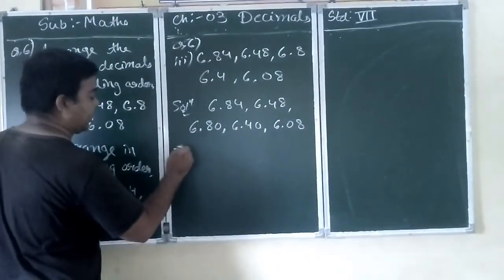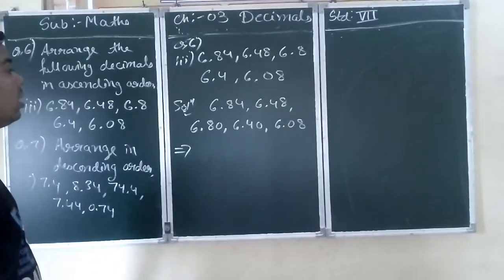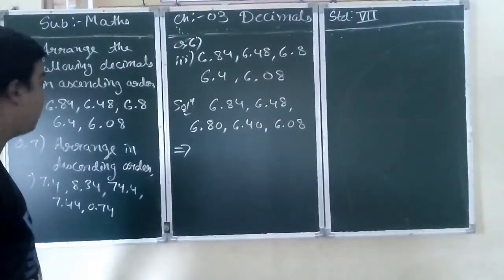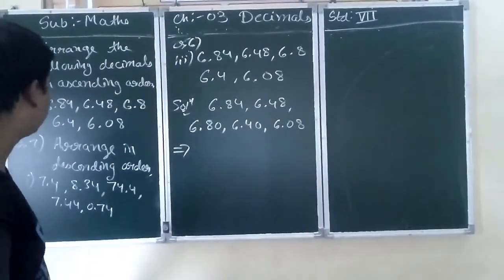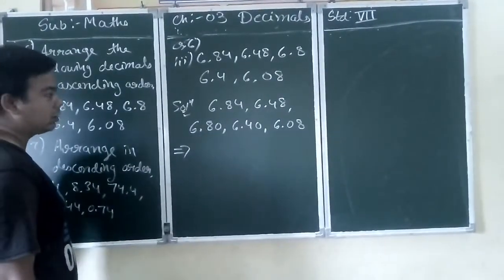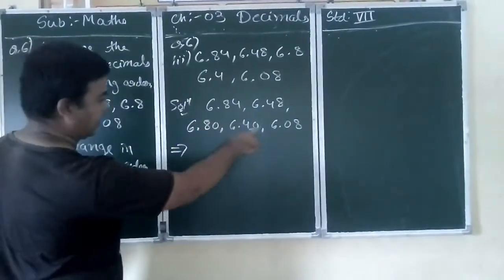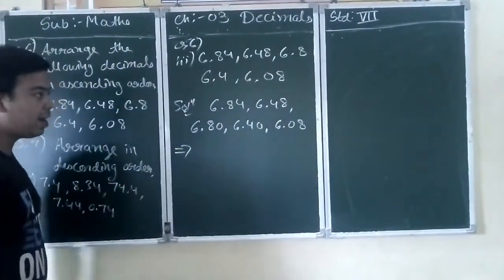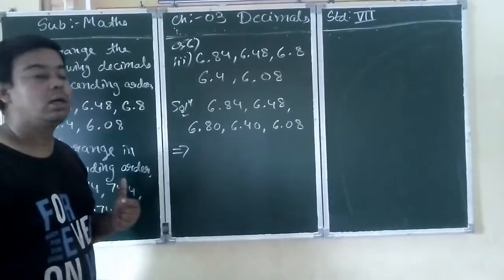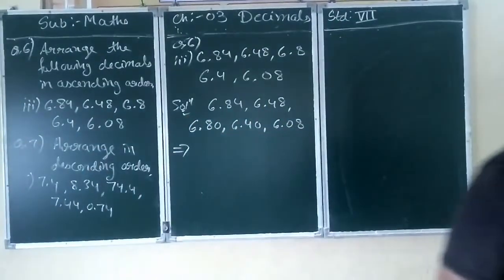Now you write them in ascending order, smaller to greater. Which number is smaller? The whole part is the same, 6, 6, 6, 6, 6, so we compare by the decimal part.